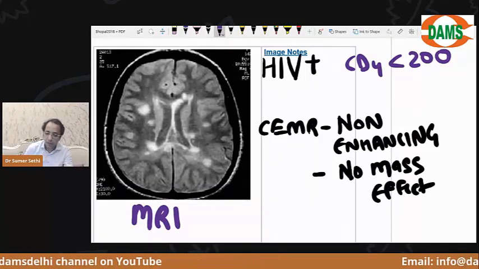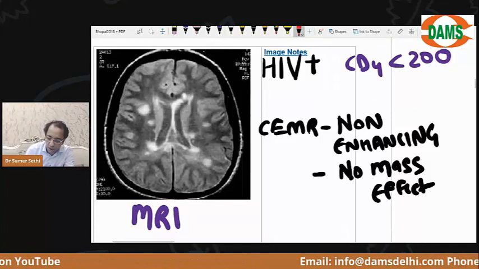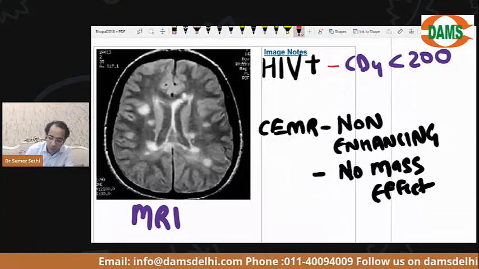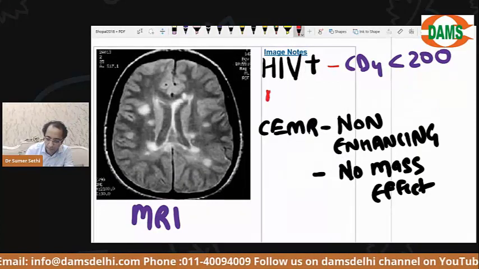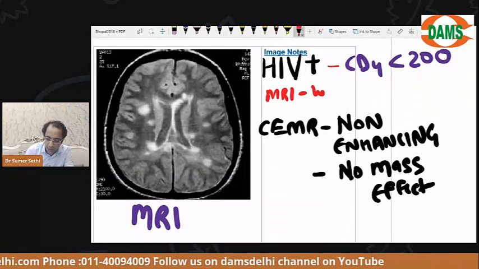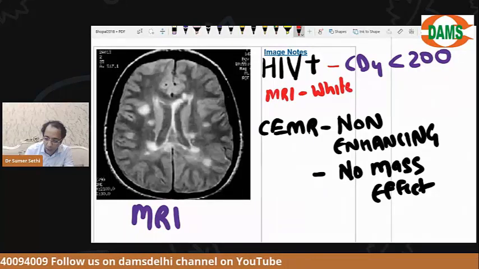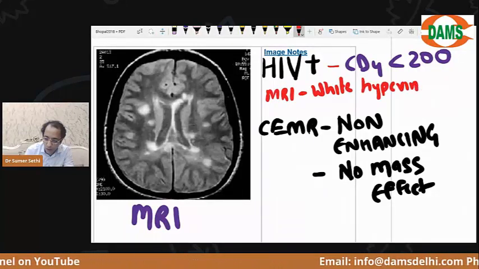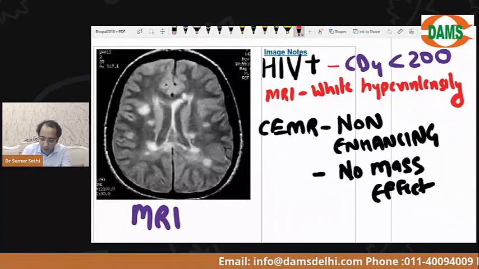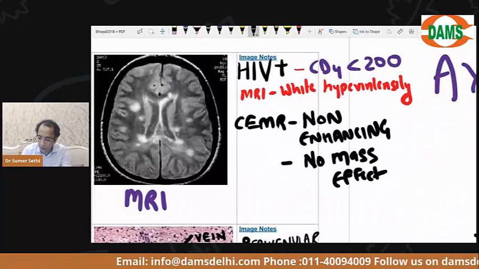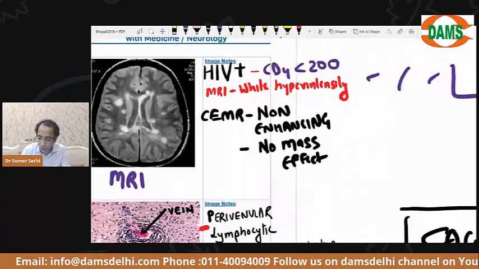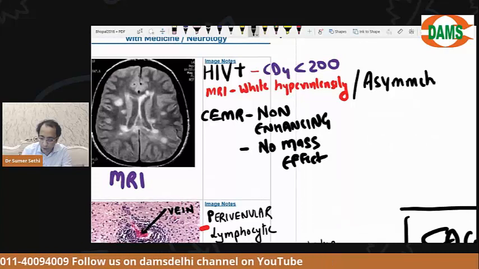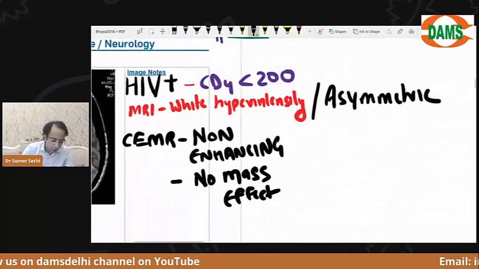A HIV positive patient with CD4 count less than 200, MRI shows asymmetric white matter hyperintensities, non-enhancing. What do you think we're dealing with?